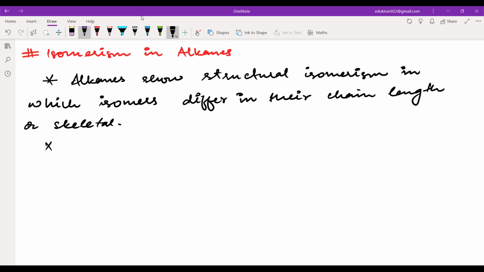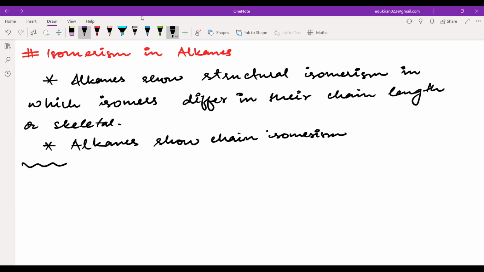That is, alkanes show chain isomerism. So in chain isomerism, the chain length will differ.